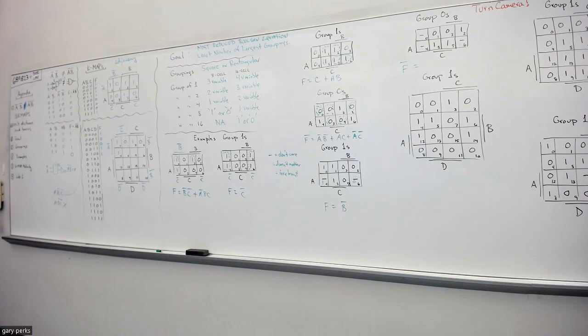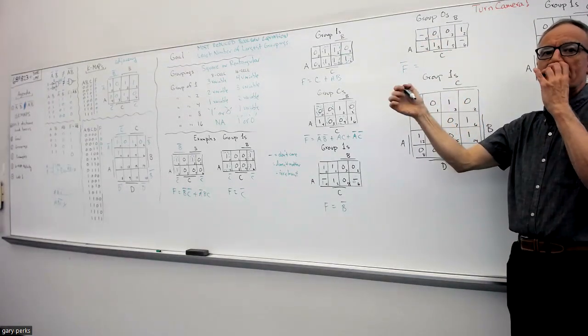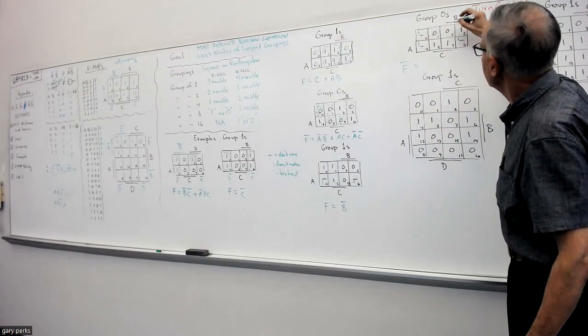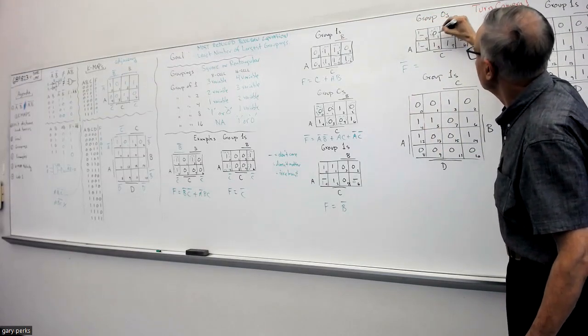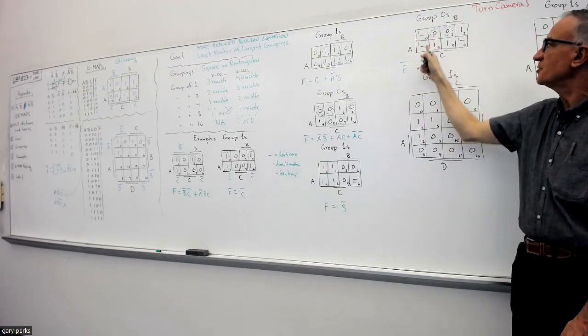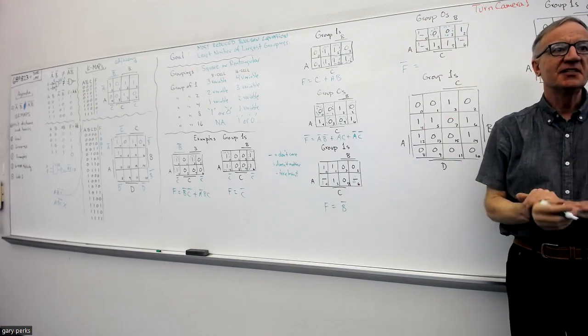What would you do? 1s. Yeah, why? Because then you don't have to go into 0. Yeah, if I make any of these don't cares 0, I'm just going to add terms, right? If I make all these don't cares 1, I just have this group of 2. If I made this a 0, I'd add a term. Any of these, if I made 0, I'd add terms.